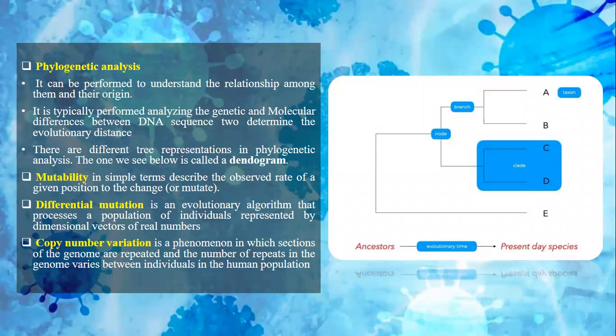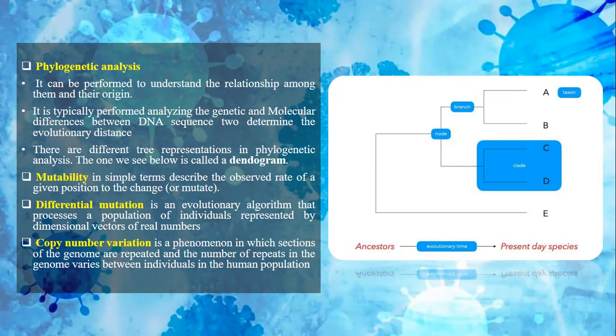Here is a phylogenetic tree, which is a dendrogram. There are many different tree representations in phylogenetic analysis, but here we have taken the dendrogram. A phylogenetic tree tells us about the evolutionary relationship among species and their origin.